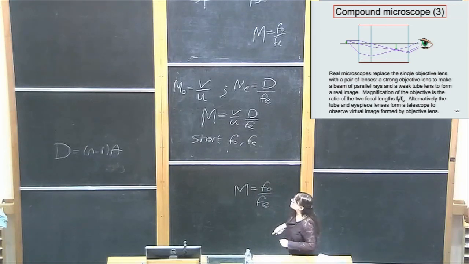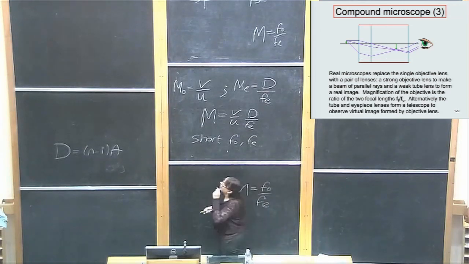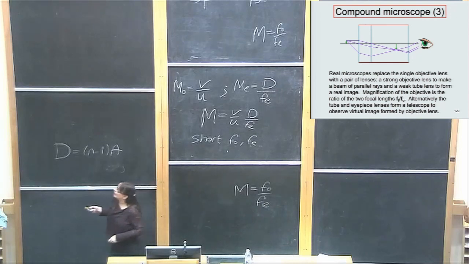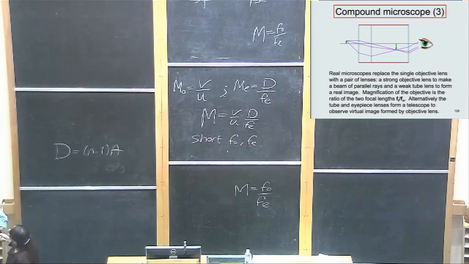As usual, I'm simplifying the issue. Real microscopes look a little bit more like this, usually with 3 lenses. This is called a tube lens in the middle. Can you see? I can't see that. Oh yeah, weak tube lens, there we are. Let's imagine you have placed your object basically at the focal point.